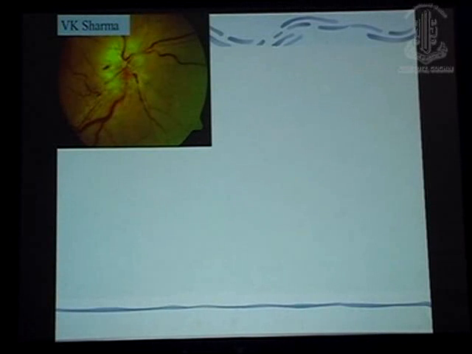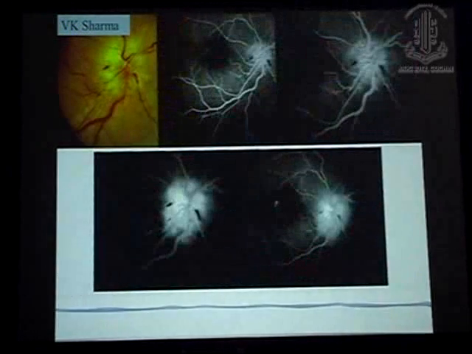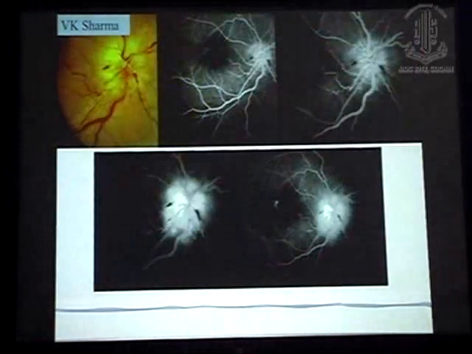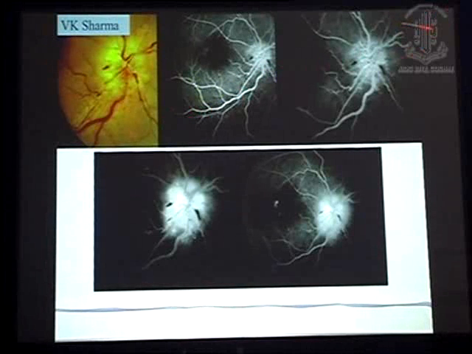Couple of other disorders, optic nerve disorders. Here's a gentleman who has this blurred margin of optic disc. There is some tortuosity of vessels, and there's a filiform hemorrhage clinically. And on FA, what you see is that the upper sector is hypofluorescent, and in the late phase there is a leakage from the margin.